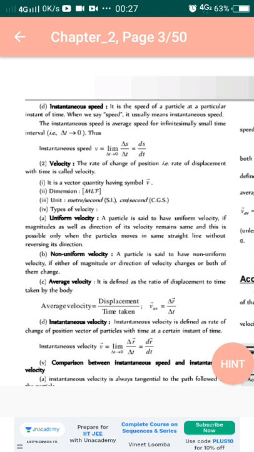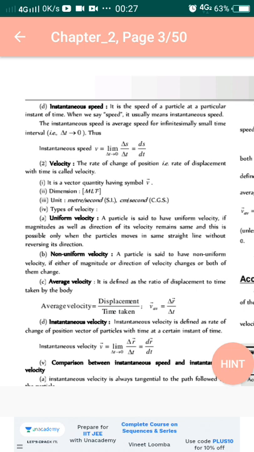B. Non-uniform velocity. A particle is said to have non-uniform velocity if either the magnitude or the direction of velocity changes, or both of them change.